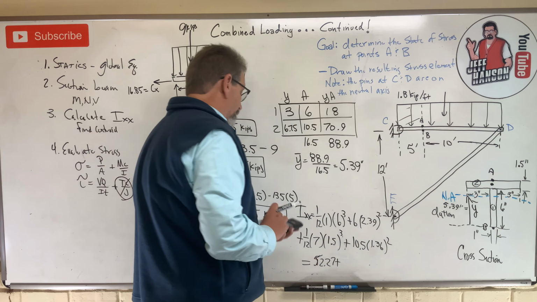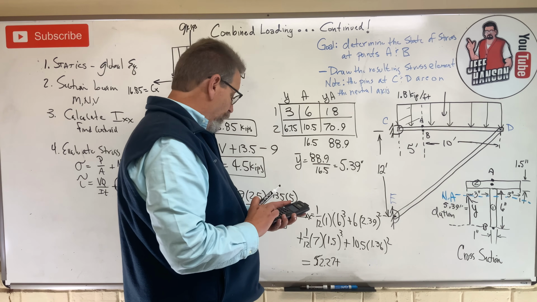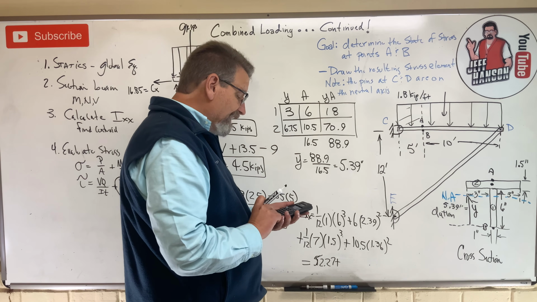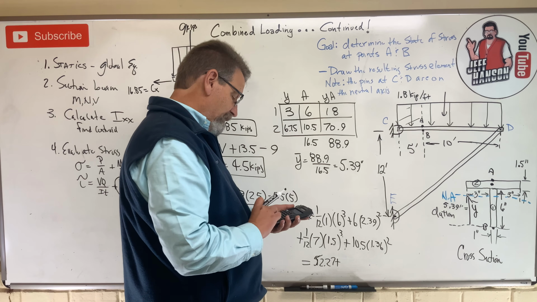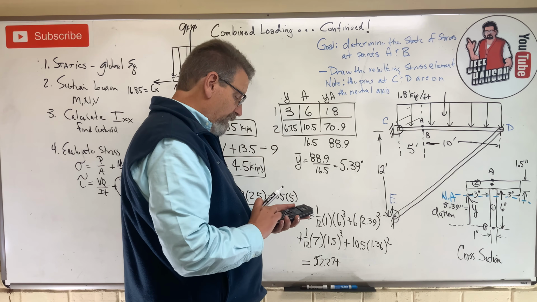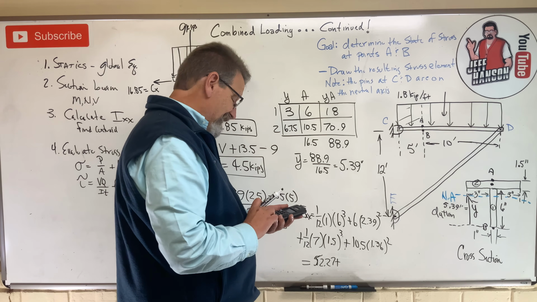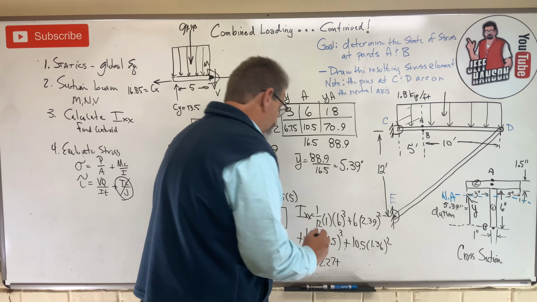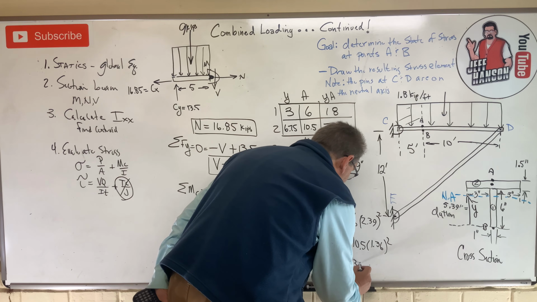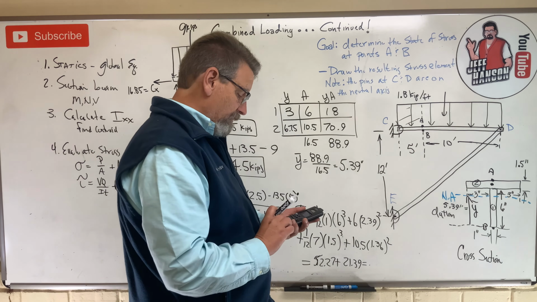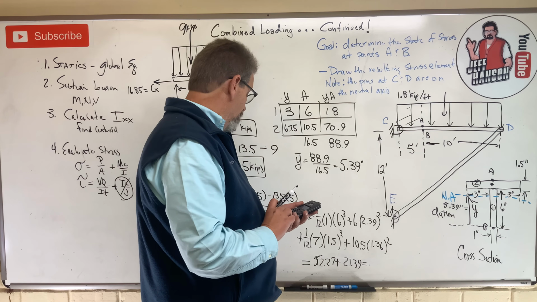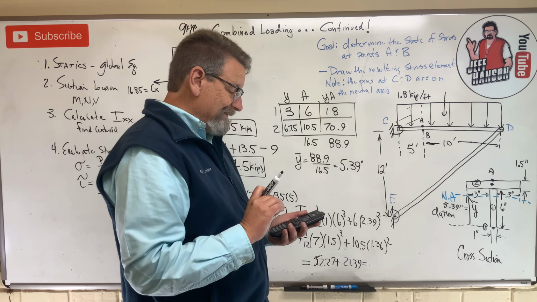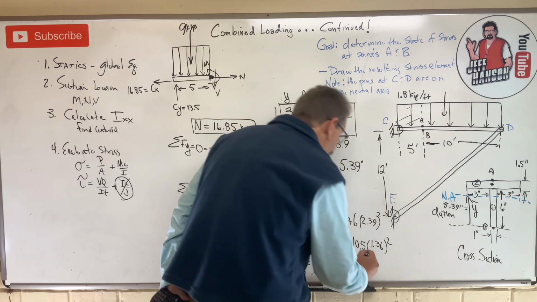Plus, what's the bottom one? 7 times 1.5 cubed equals, divided by 12 equals, plus 10.5 times 1.36 squared equals 21.39. 21.39. And so those two added together, plus 52.27, 73.66. Okay?